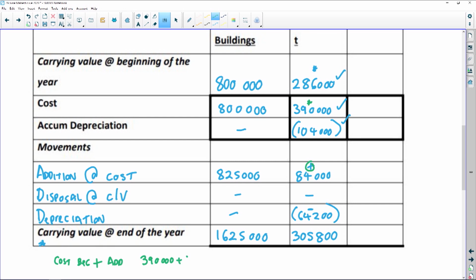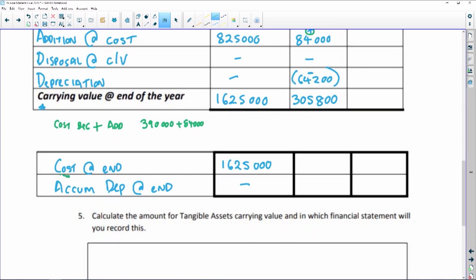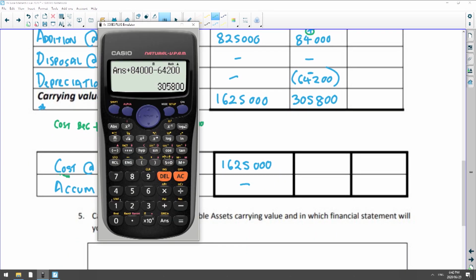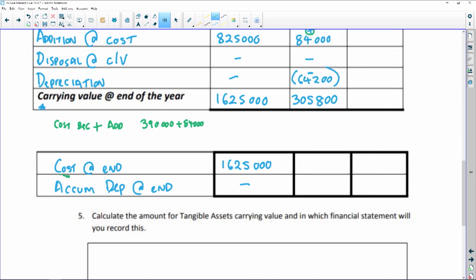So plus 84,000. So the cost of equipment at the end of the year, let's get the calculator out again. Right, so cost at the beginning, 390,000, plus 84,000. And that's giving us an amount of 474,000.